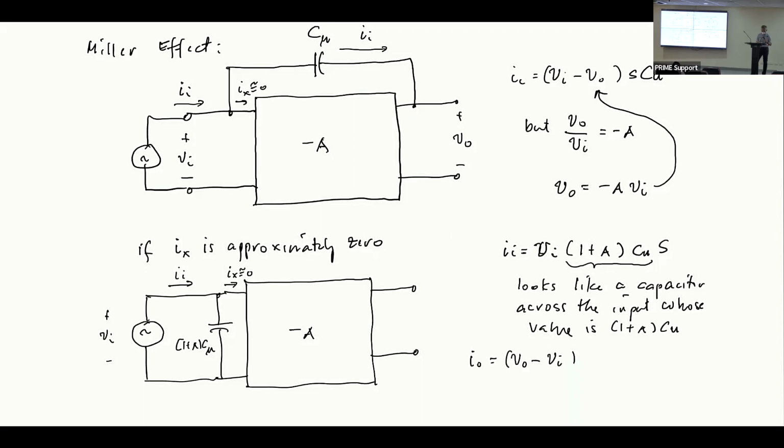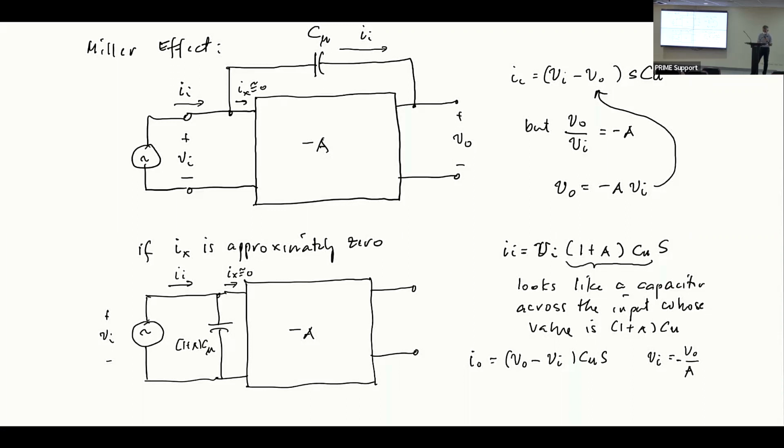But V sub I is equal to negative V sub O over A, because V sub O over V sub I is minus A, so V sub I is negative V sub O over A.